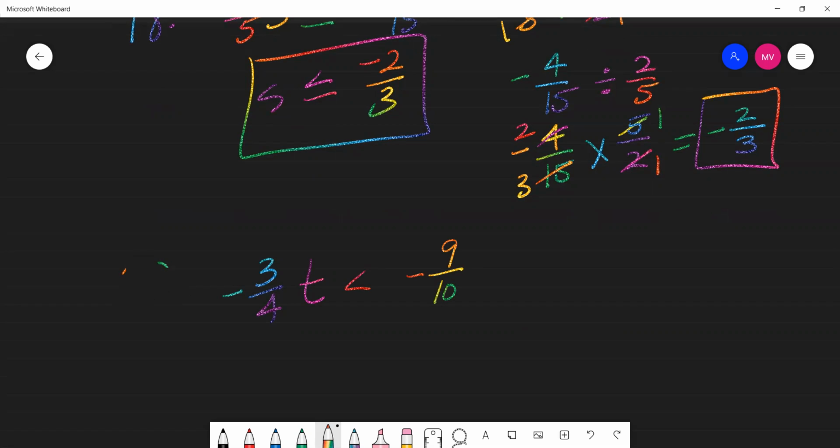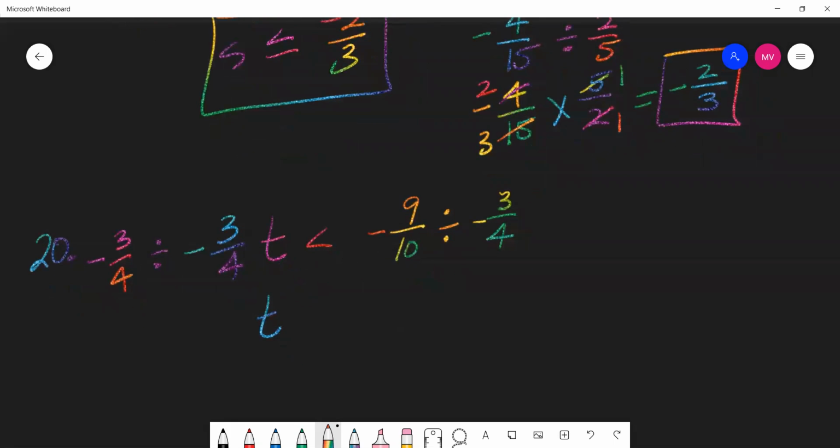Using the Andrew strategy. Divide by the -3/4. So -3/4 divided by -3/4 makes that 1 T. Do I need to reverse my inequality sign?